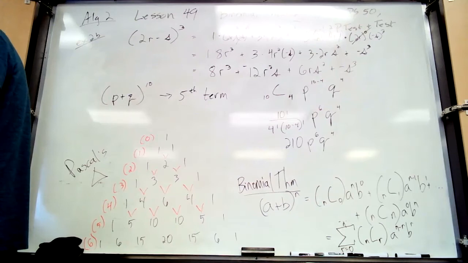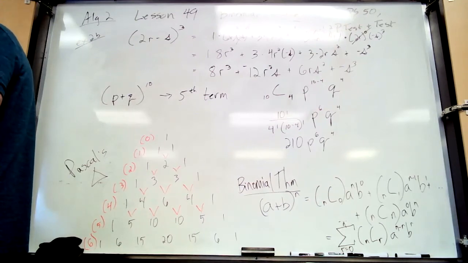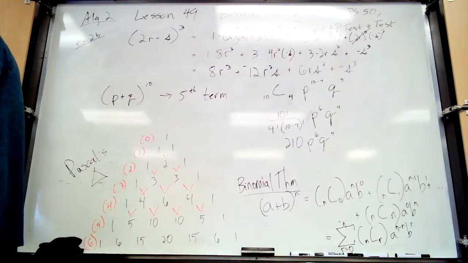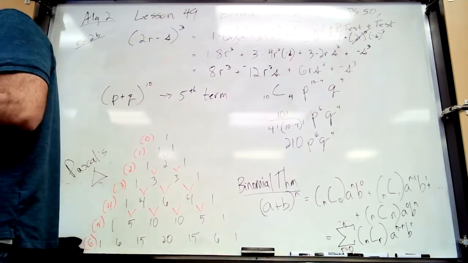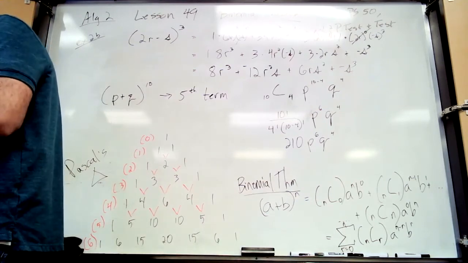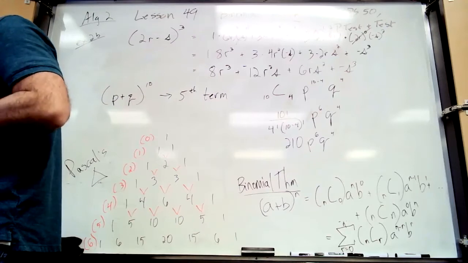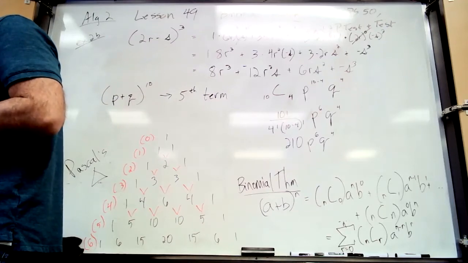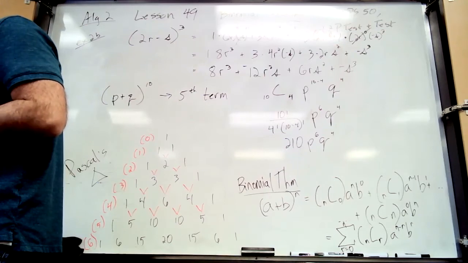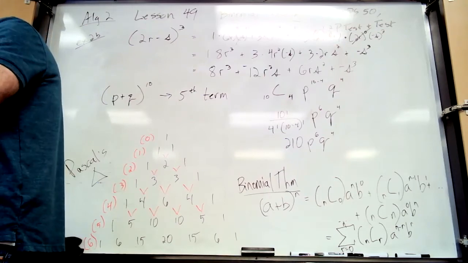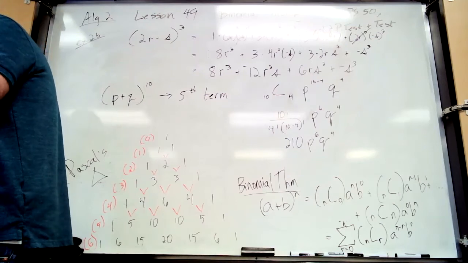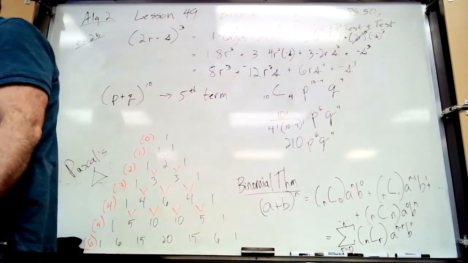So there's another thing called binomial probability, which we could do. If p is the probability of success, and q is the probability of failure in one trial of a binomial experiment, then the binomial probability of exactly n successes in m trials is given by the combination of m objects taken n at a time, p to the n, q to the m minus n.